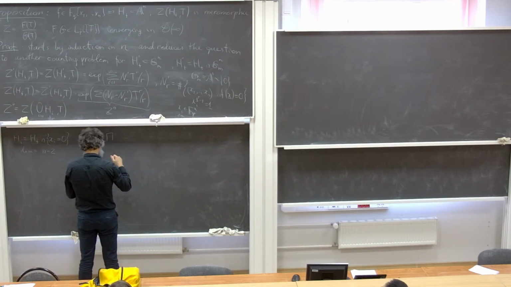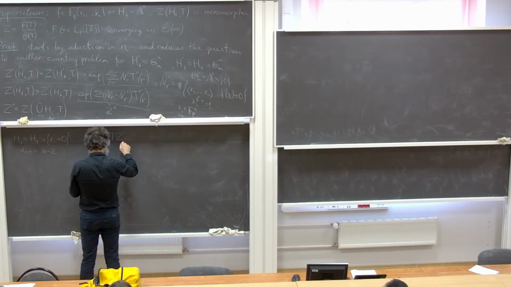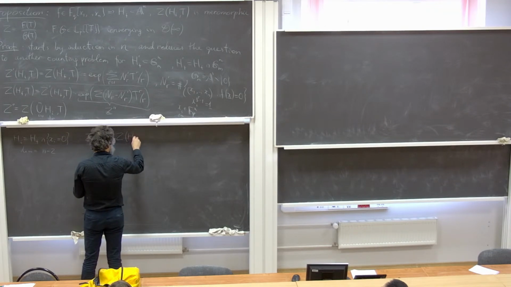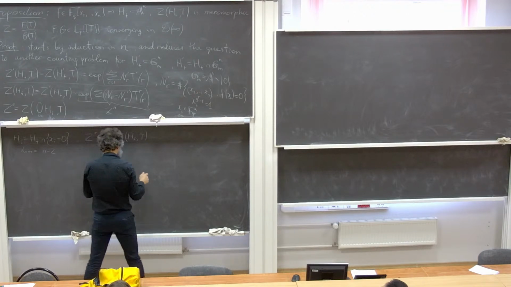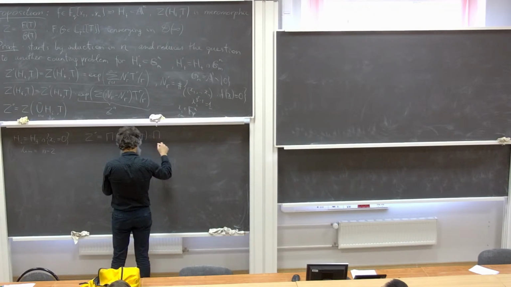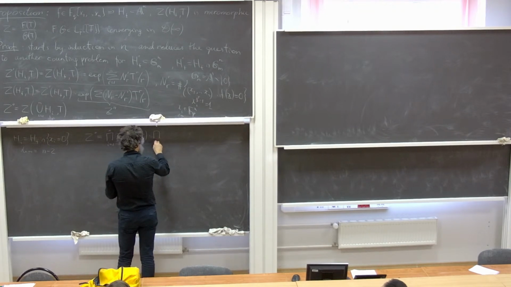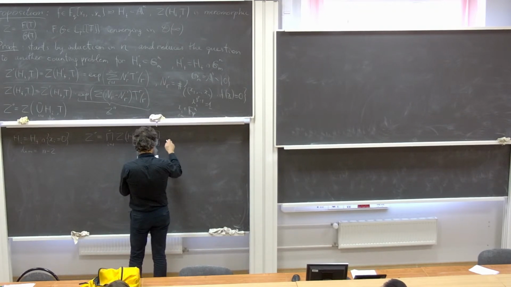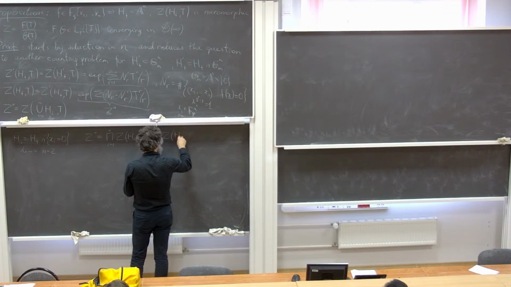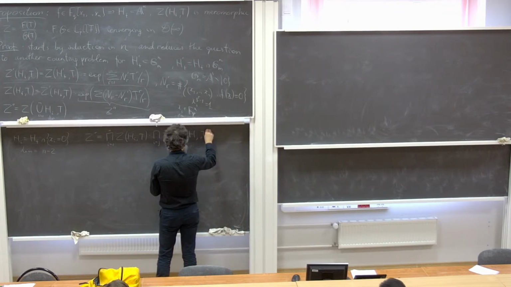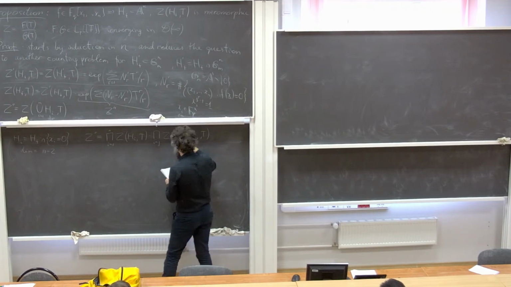So it's the product of the usual zeta functions of H_i t, the product over i, and then the product over i less than j of the zeta function of H_i intersect H_j t, and this is inverse.